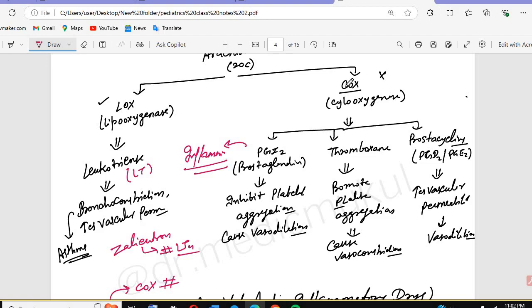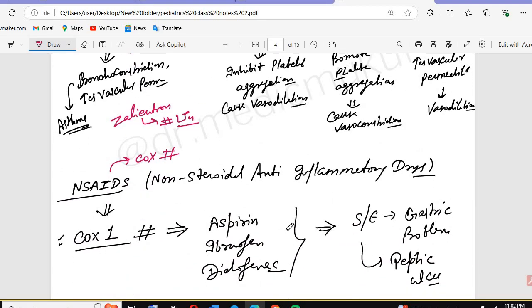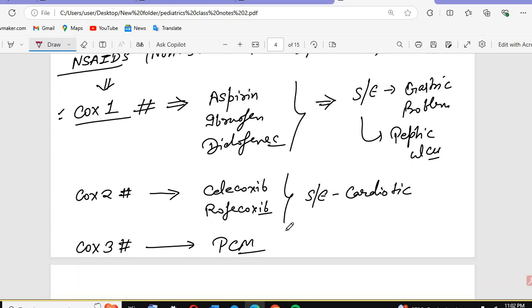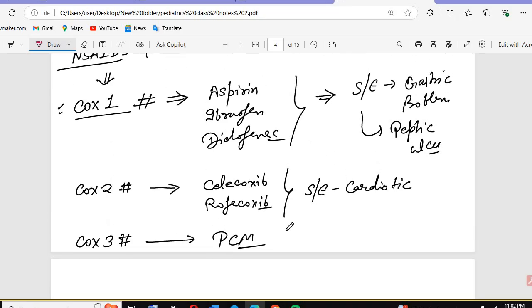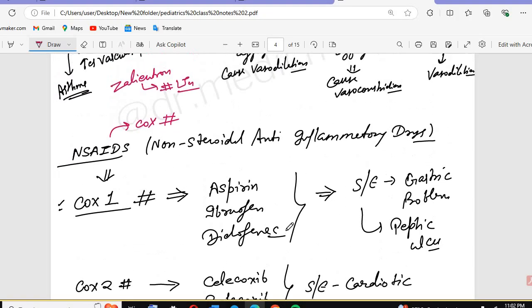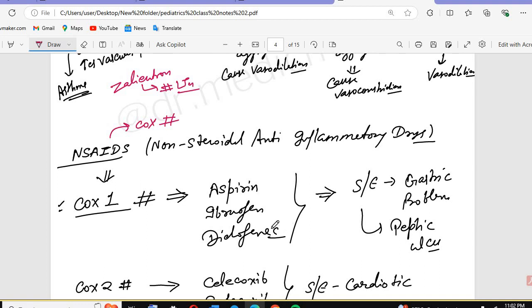They cause vasodilation, vasoconstriction and inflammation. Prostaglandins are the inflammatory agents, so we have inhibitors of prostaglandins, prostacyclins and thromboxane, like the COX-1 and COX-2 inhibitors. Based on that, we have discovered these drugs. These are all non-steroidal anti-inflammatory drugs because they prevent the inflammation.